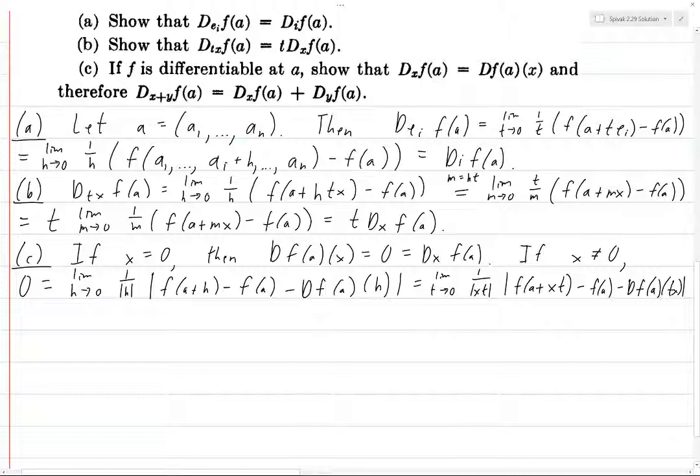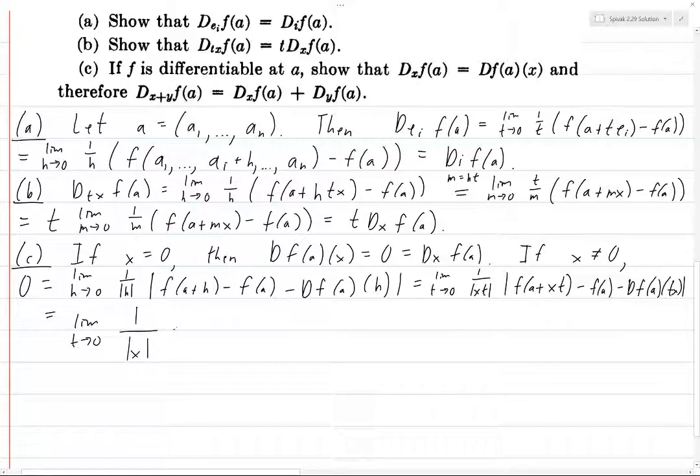So now this is equal to, we still have the limit as t goes to 0. I'm going to use 2 lines for this. Limit as t goes to 0, we're going to have 1 over the norm of x, and keep this here.